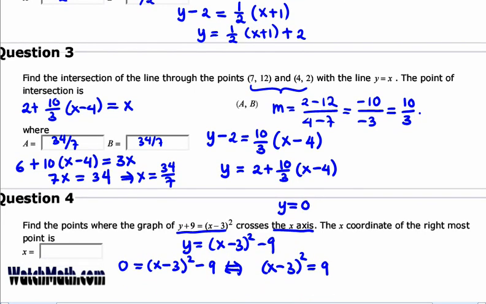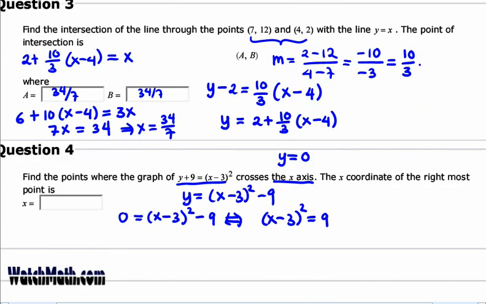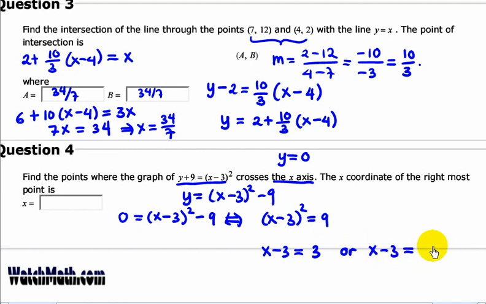Since x minus 3 is a number that when we square it we get 9, there are two options: either x minus 3 equals 3 or x minus 3 is equal to negative 3.